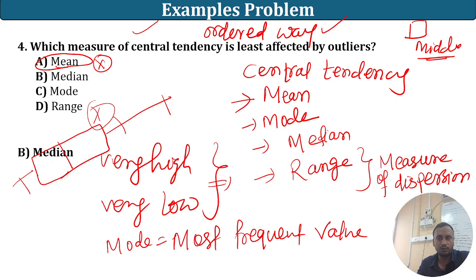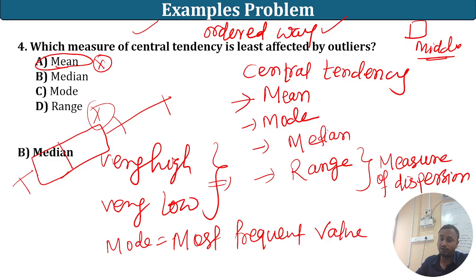The mode also can vary. If the number of low-value outliers is large, the mode is going to be at the lowest value. If the most frequent value is at an extreme high value, the mode is going to be that value. So the outlier can affect it.